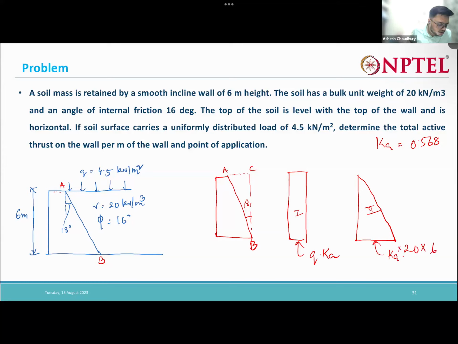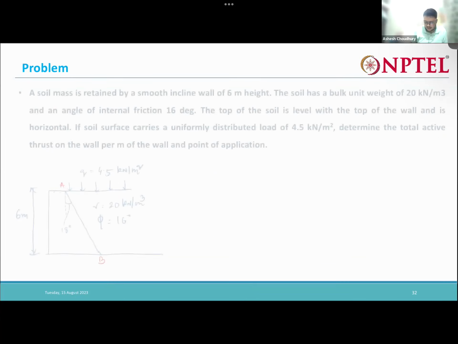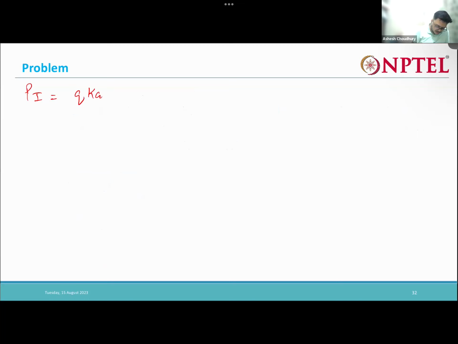Now let us find P1, the area of this rectangle: Q into K into height. What is P2? Half K H squared into gamma, gamma is 20. This one will be 15.33, and this one will be 20. So Pa dash is P1 plus P2.